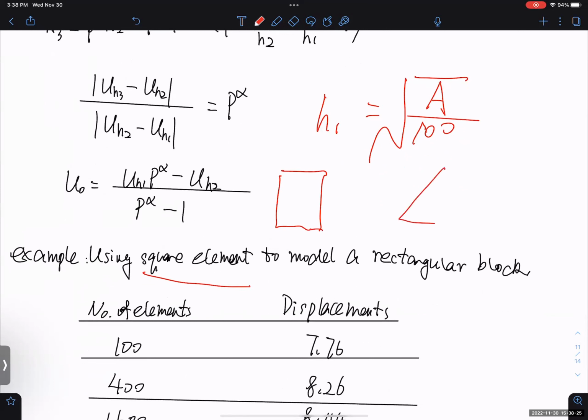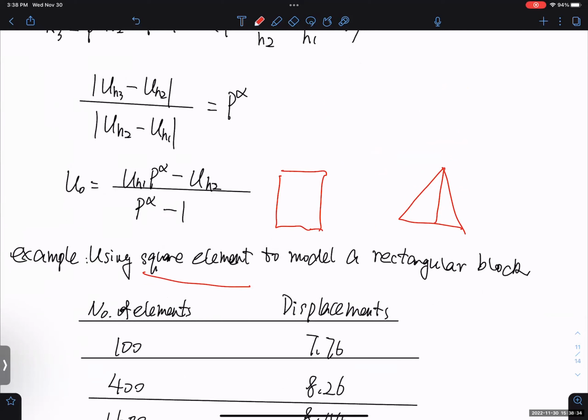But if I use a triangle element, how do we calculate the area? The area equals some coefficient times L squared. This is the area of one element.